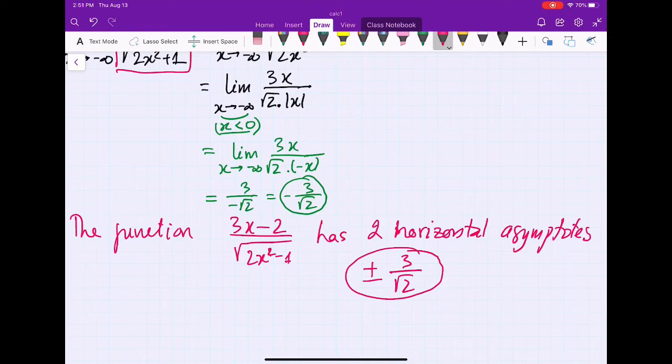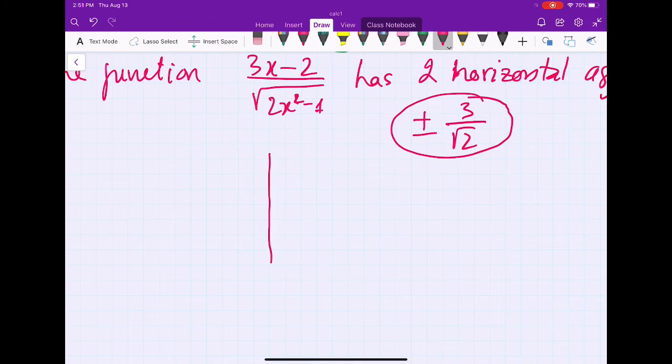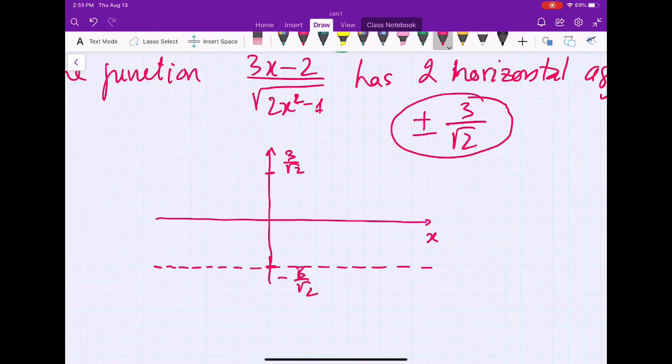Does that make sense? So that means the graph of this function may look like this. I don't have the exact graph of this, right? But I might guess that this is 3 over square root of 2. This is negative 3 over square root of 2. This is horizontal asymptote. This is horizontal asymptote.